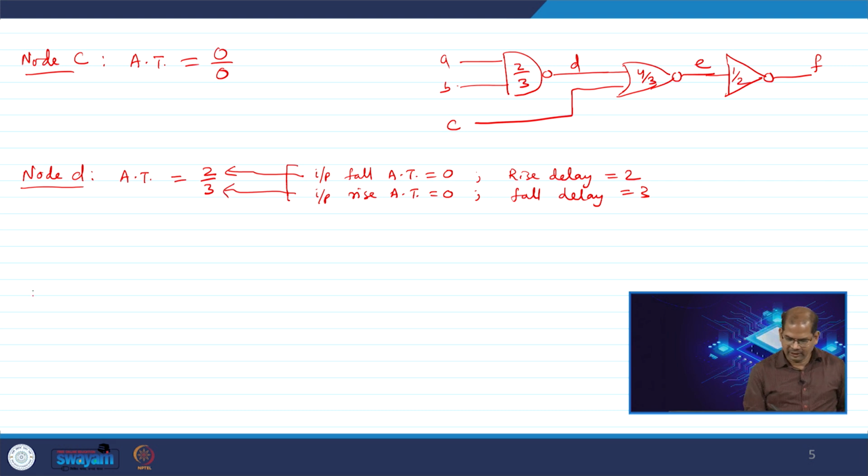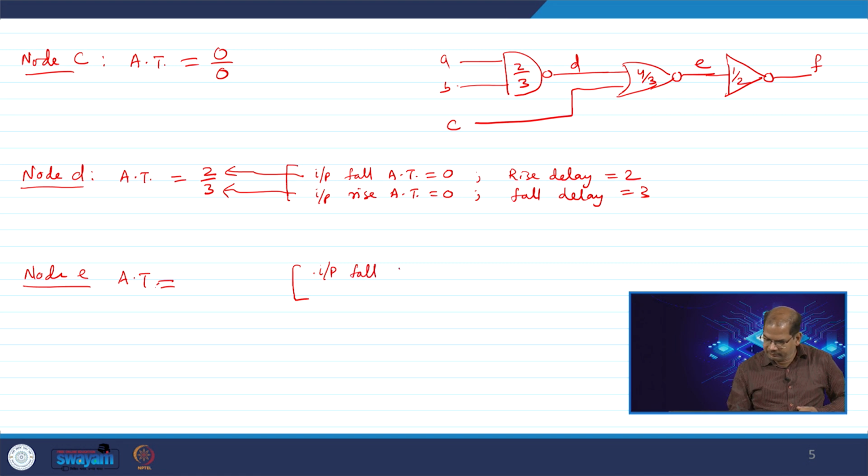So, now I have node D, then node E. I need to find out the node E arrival time. So, I will write the reason here.